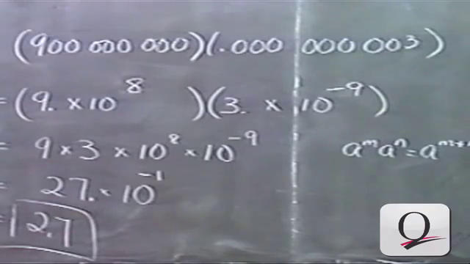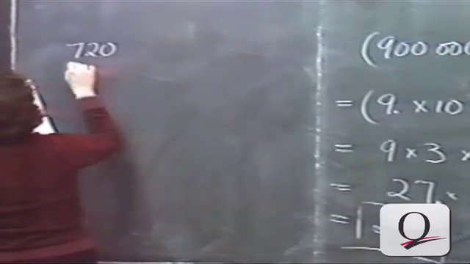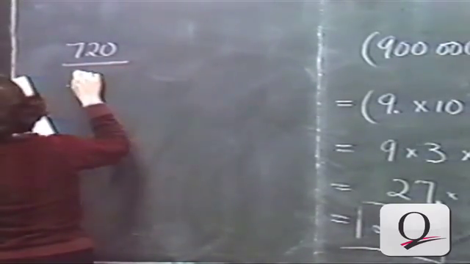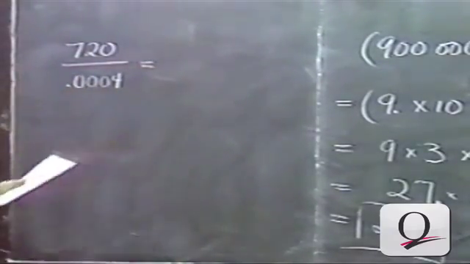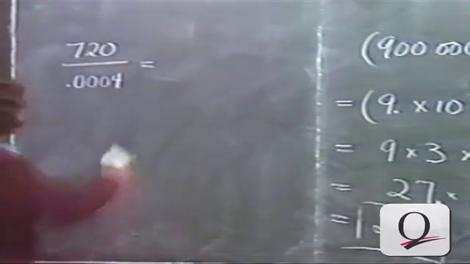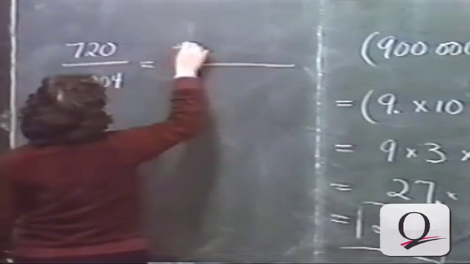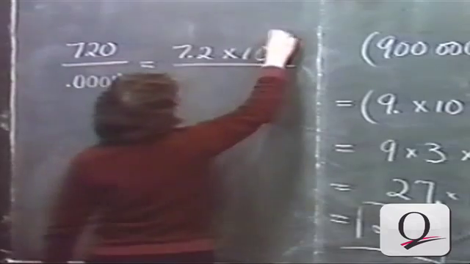Okay, let's work out some more complicated examples. Say we have 720 divided by 0.0004. We're going to rewrite the numerator and the denominator in scientific notation. 720 is 7.2 times 10 to the second power.